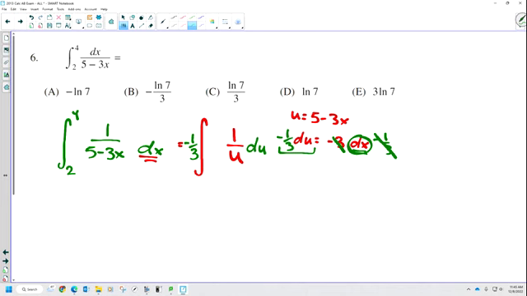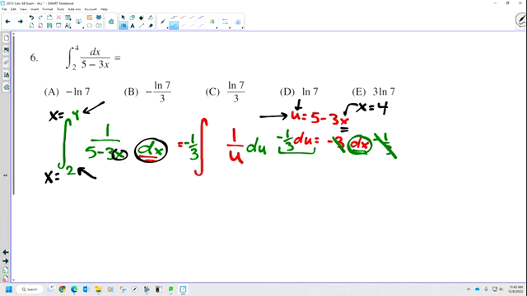Last thing, we need to convert the bounds. We already did a problem like this. My upper bound is 4, my lower bound is 2, but they are in terms of x. I want them in terms of u. This right here will help us convert any x into a u. For example, the upper bound, wow, that's weird. X equals 4.